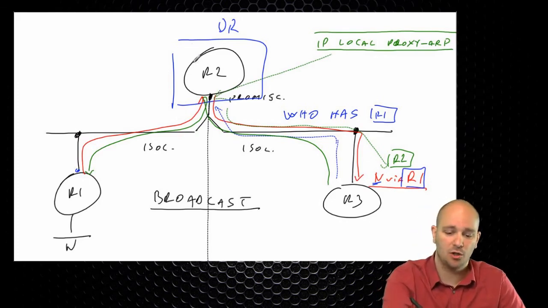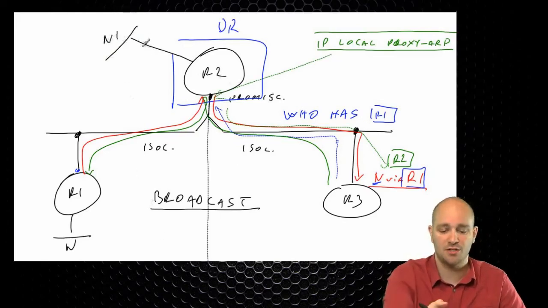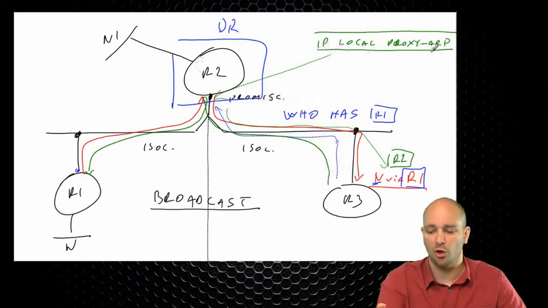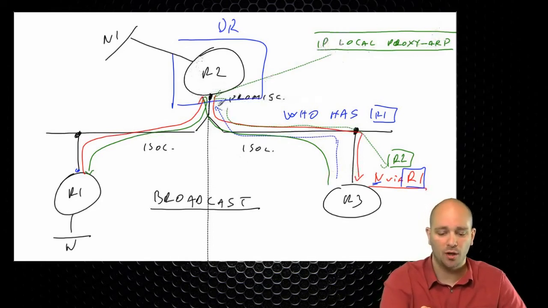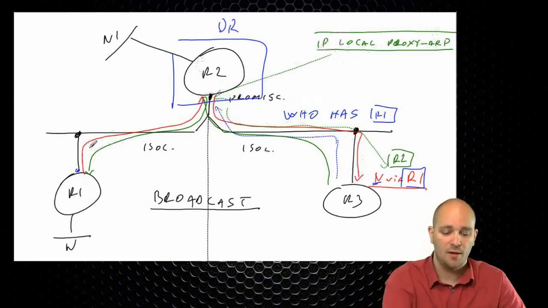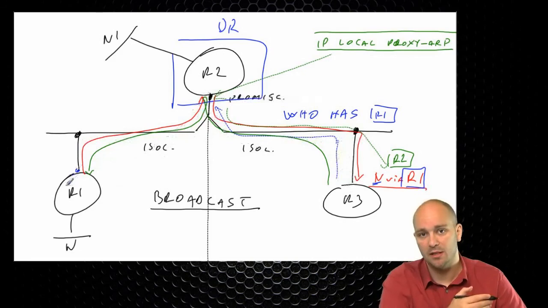But if R2 had some other network, it would answer with its own MAC address and say, yes, this is me. But when we configure the local proxy ARP, R2 will actually respond to this ARP request even for other addresses that might appear to be on the same network. And this is the scenario in which you might end up using this.